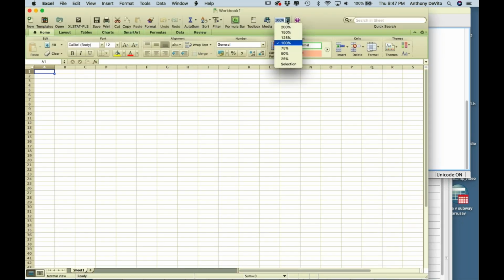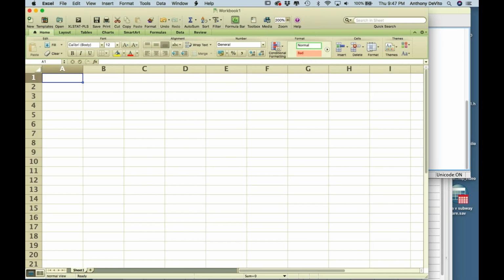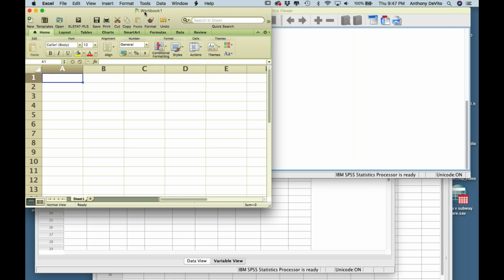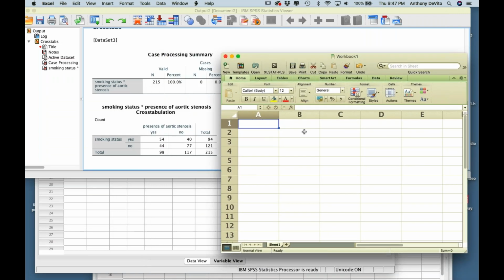Okay, let me zoom this up so it makes some sense. Okay, so I'm gonna just build this here. 54, 40, total is 94.